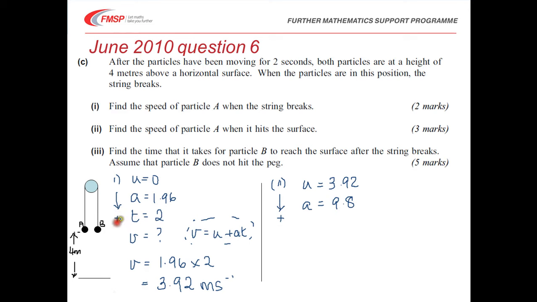And since the particle is travelling downwards and acceleration is acting downwards, that is probably the easiest thing to do. The displacement when all this happened was 4. So we were told that it was 4 meters above the horizontal surface, and what we now need to do is find v. So we know u, a and s.